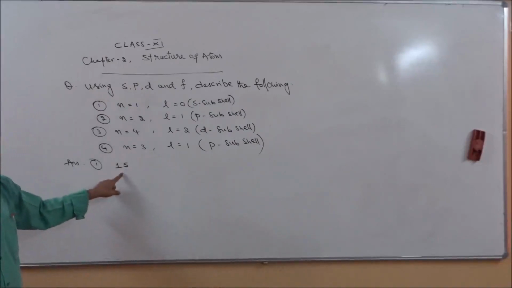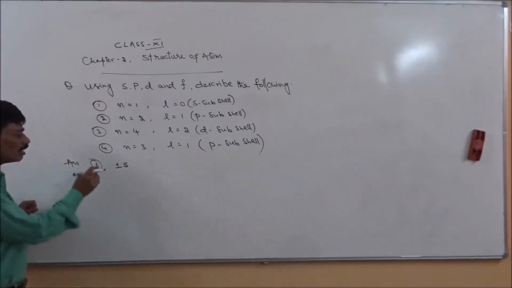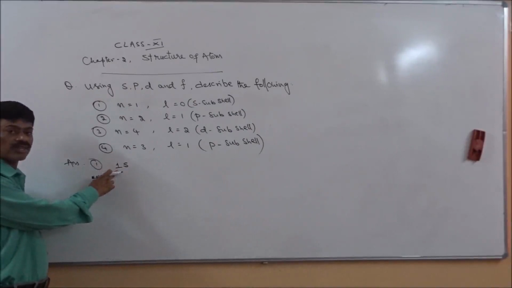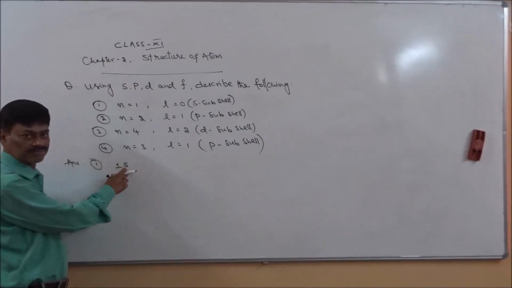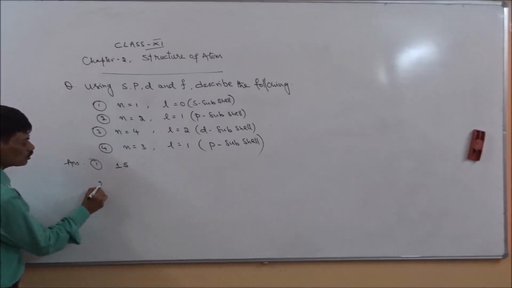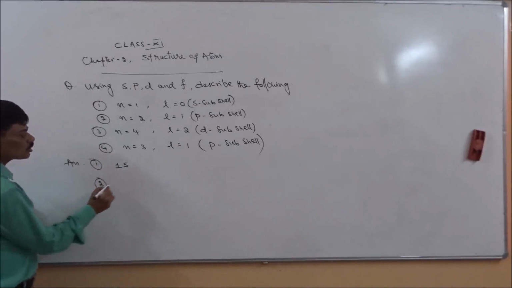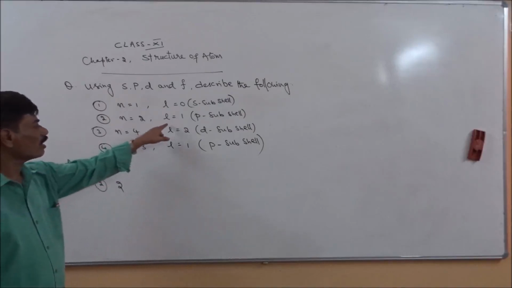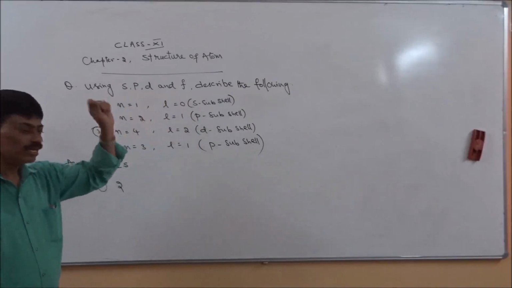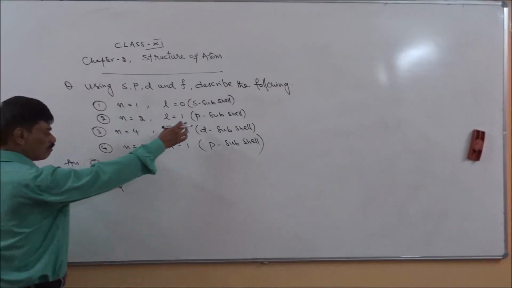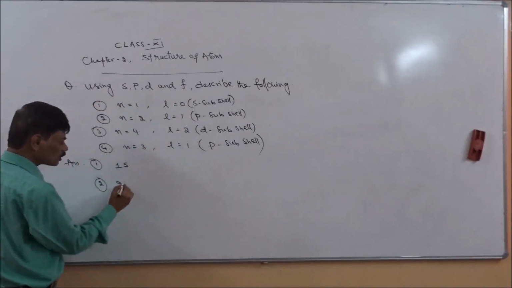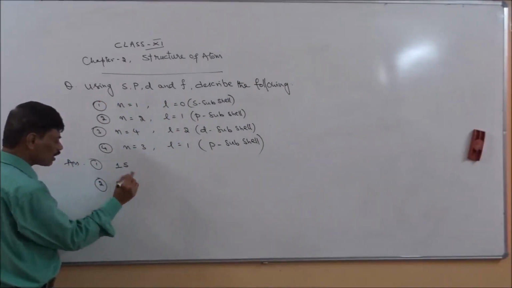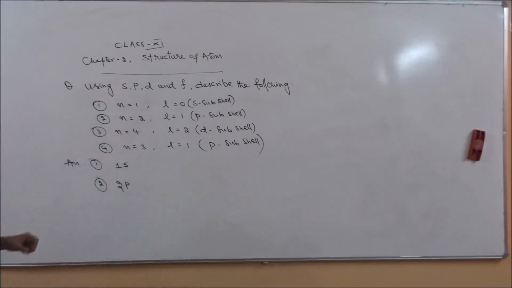This carries half mark. 1S means in the first shell we have S subshell. That is the meaning. Number 2. N is equal to 2, so 2 we write as it is, the principal quantum number, and L is equal to 1. That means P subshell. So for P subshell, 2P we write. This carries half mark. Half plus half, 1 mark over.